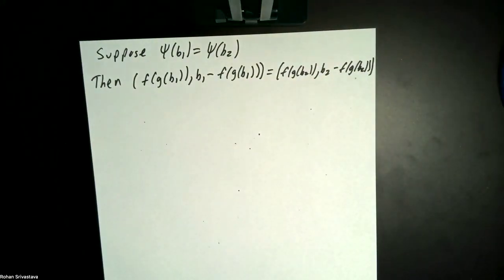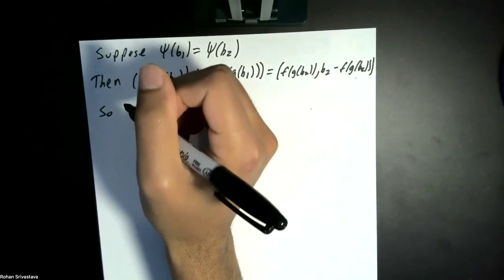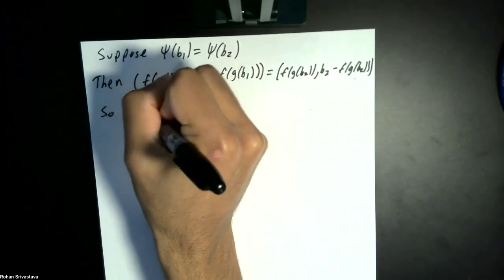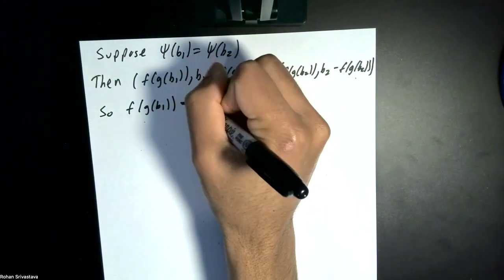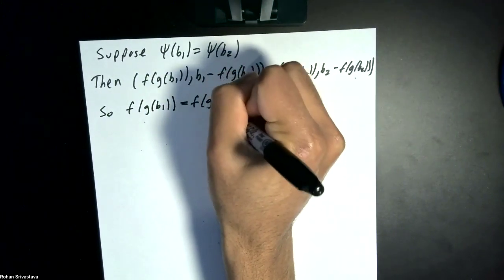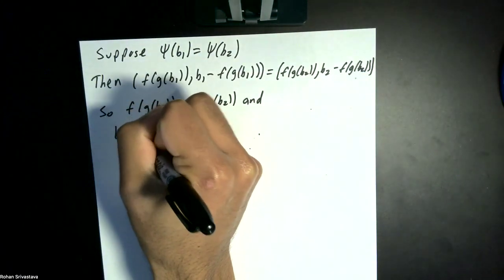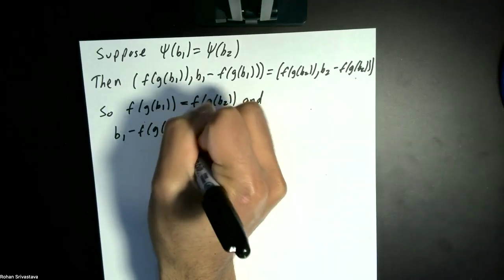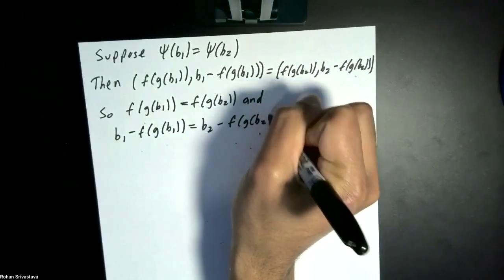Ordered pairs can only be equal if each of their corresponding components are equal. So this means that f of g of B1 is equal to f of g of B2, and also that B1 minus f of g of B1 is equal to B2 minus f of g of B2.